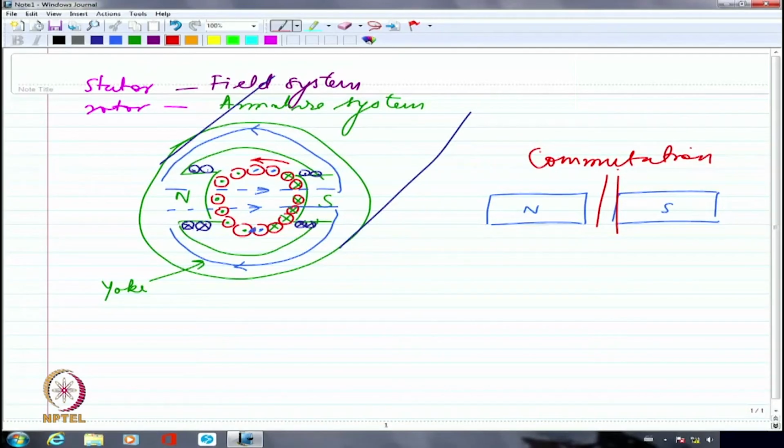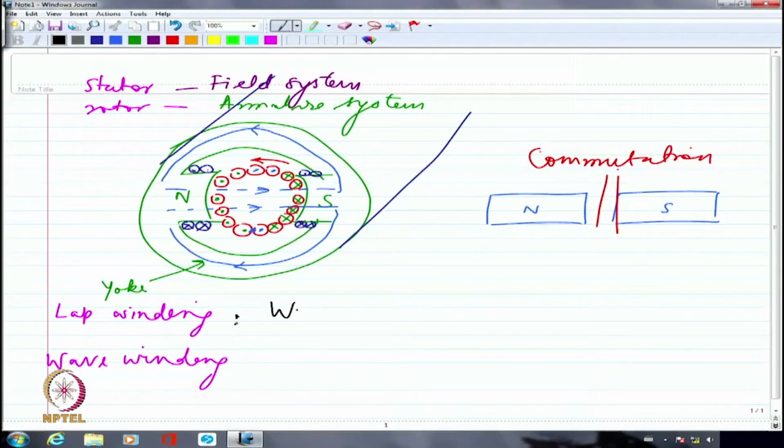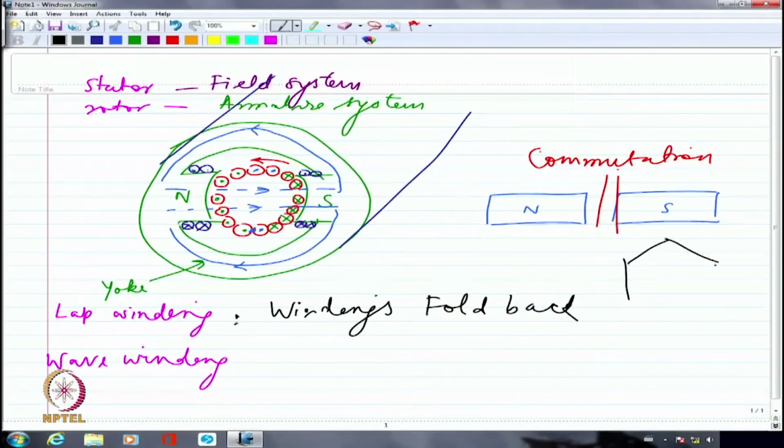So just to reiterate what we said in the last class with respect to lap winding and wave winding, we said lap winding is going to have the windings fold back. That is, I'm going to have a winding going around like this and it folds back.